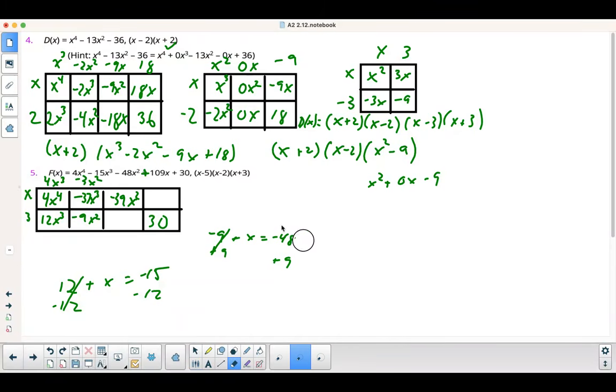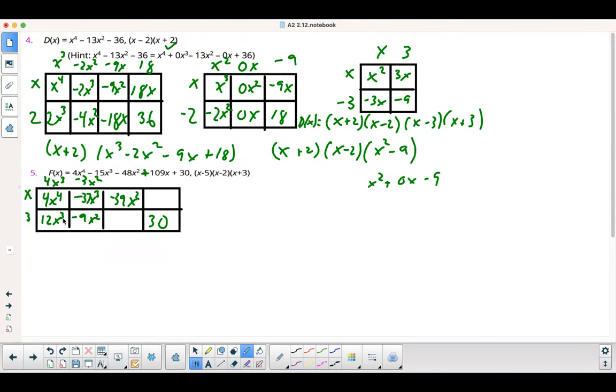I'm going to erase all this so I got some space. So that would be x times negative 39x. So then when I multiply here, I get negative 109x. I'm sorry, not x squared, it'd be x.